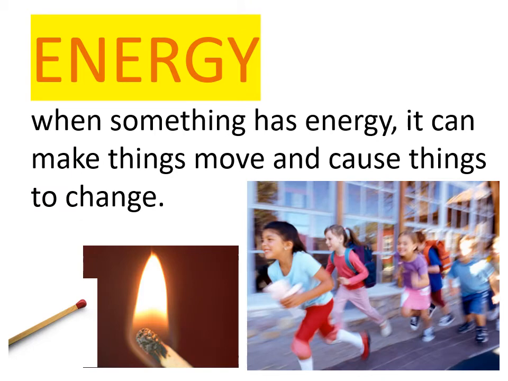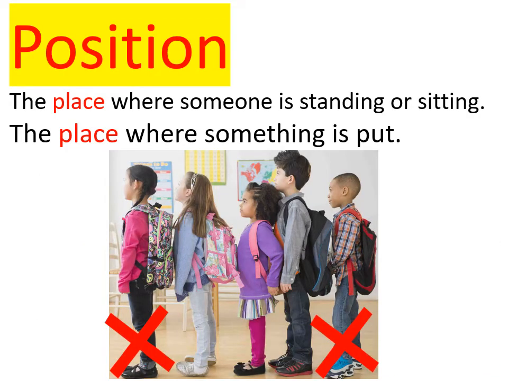What is energy? When something has energy, it can make things move and cause things to change. So it's that something that makes things move and cause things to change. What is position?